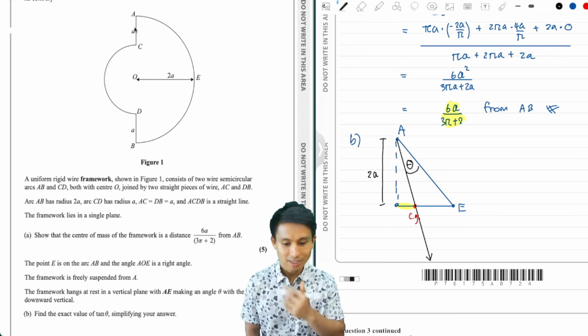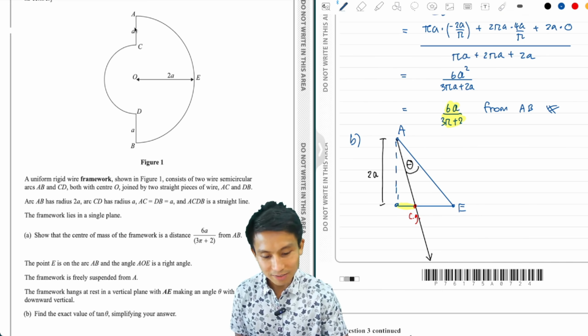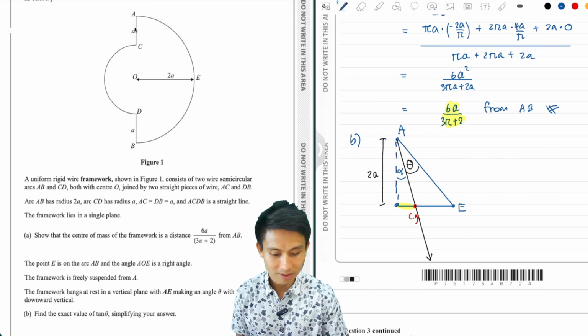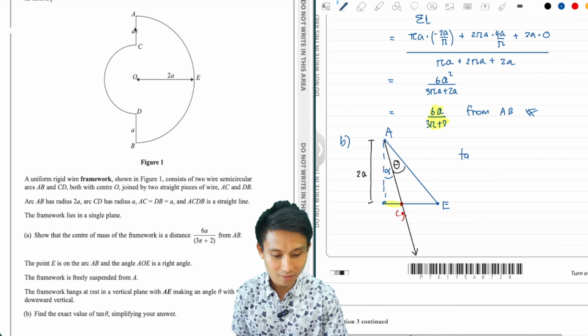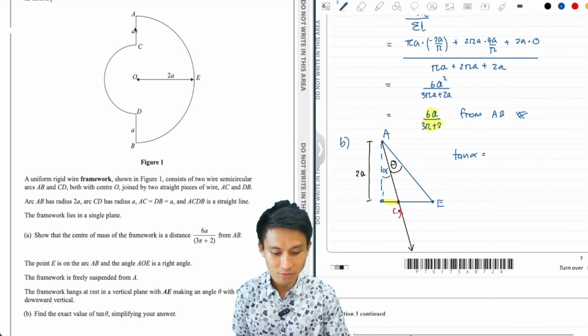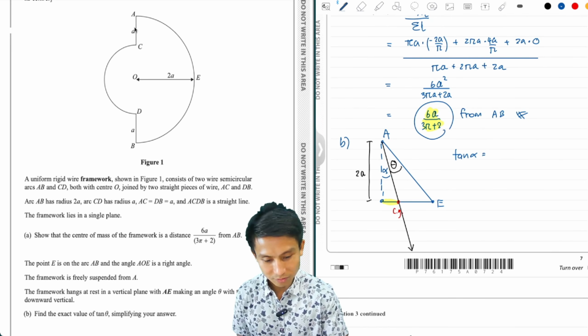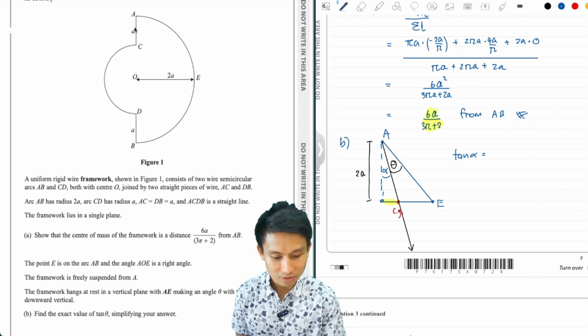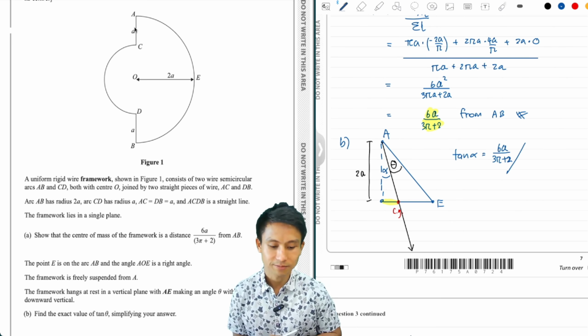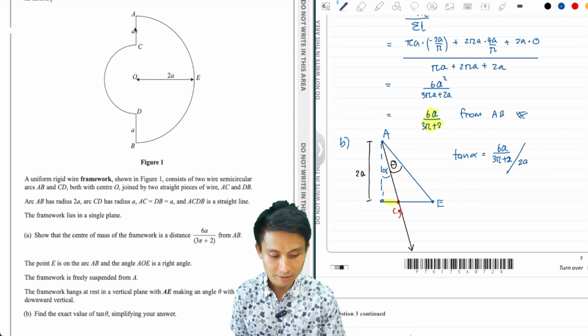Okay. Let's try to find this angle first then. I'm going to call it alpha maybe. So tan alpha is going to be equal to, well, SOHCAHTOA, opposite over adjacent. So that's 6A over 3 pi plus 2, all divided by 2A.